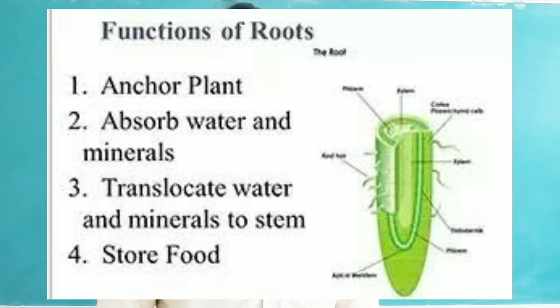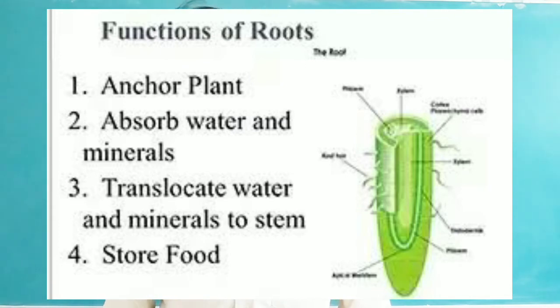They are flexible and able to withstand the strong pulling forces exerted by the wind. And in some plants, roots are the means by which the plant stores the food it needs over winter.